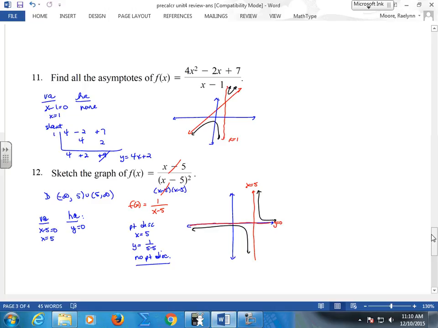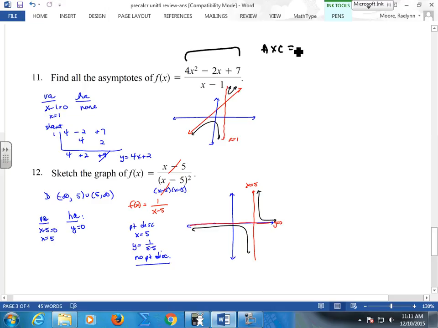Okay, so let's take a look at this guy. Can I factor that numerator? Can I get an x minus 1 out of that? How do I know if I can factor this? 8 times c says what, Gabe? 4 times 7 says what? Do you have factors of 28 that gives you a difference of 2?